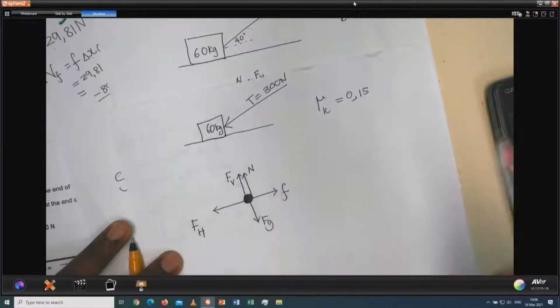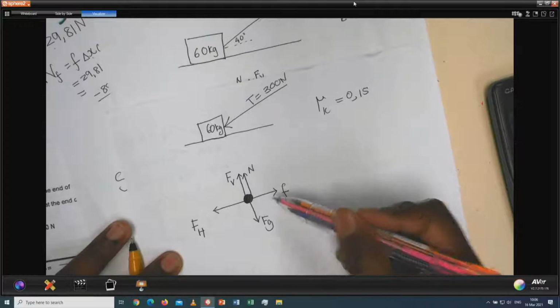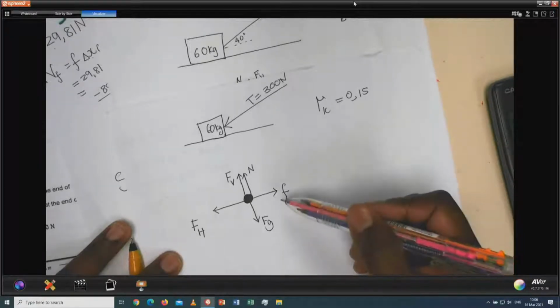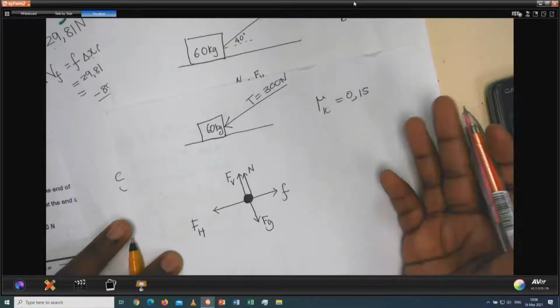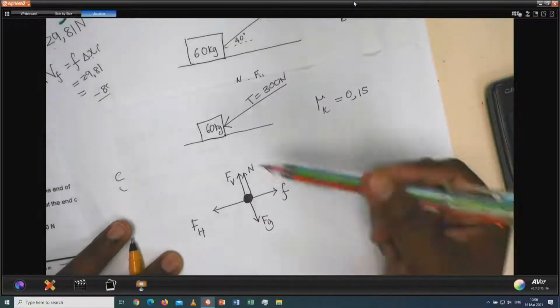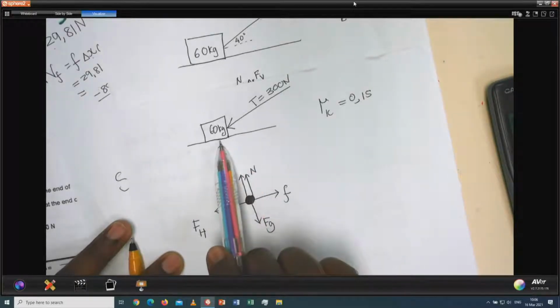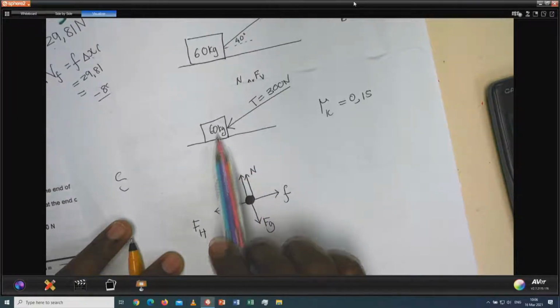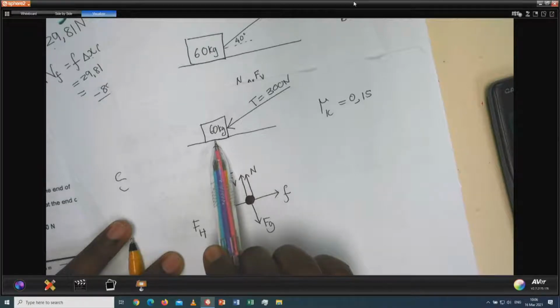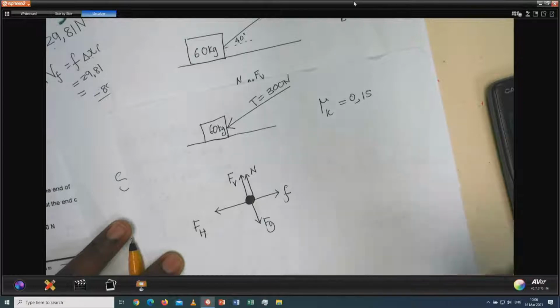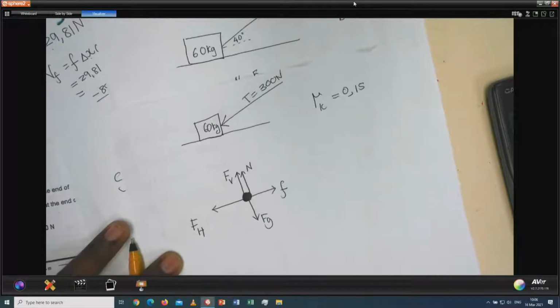Frictional force is opposing the motion of the object, and it acts parallel to the surface. Then normal force, a force exerted by the surface which is in contact with the object, and it acts perpendicular to the surface or motion of the object. Gravitational force, that's our weight.